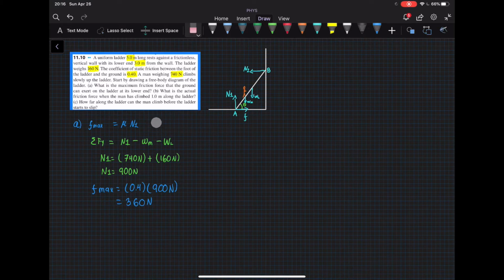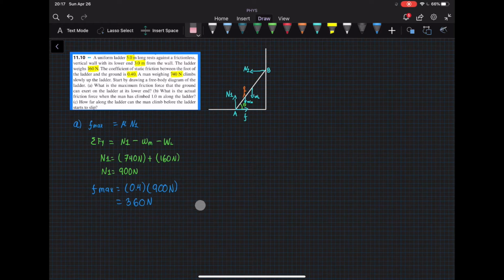To find N1, I did the sum of the forces in the y direction, which is positive N1 minus the weight of the man minus the weight of the ladder. I solved for N1 to get 900 newtons. After that, we can plug it into this formula, and the maximum friction force is 360 newtons.